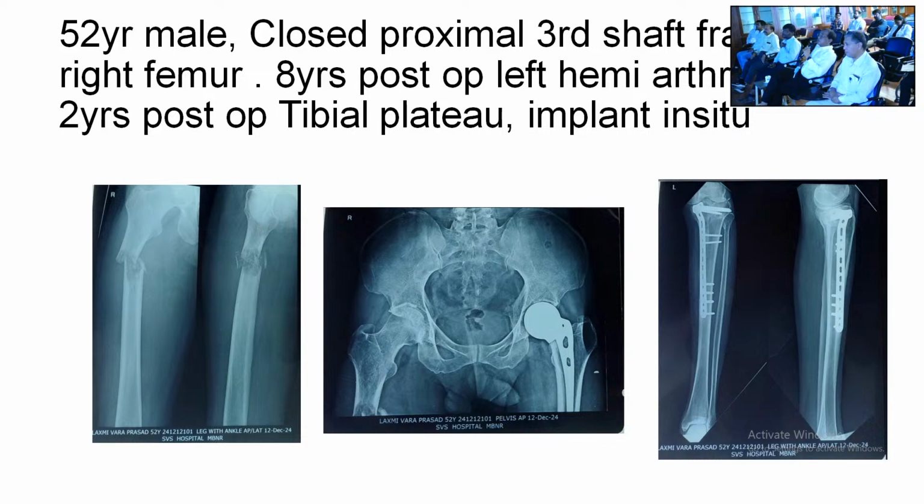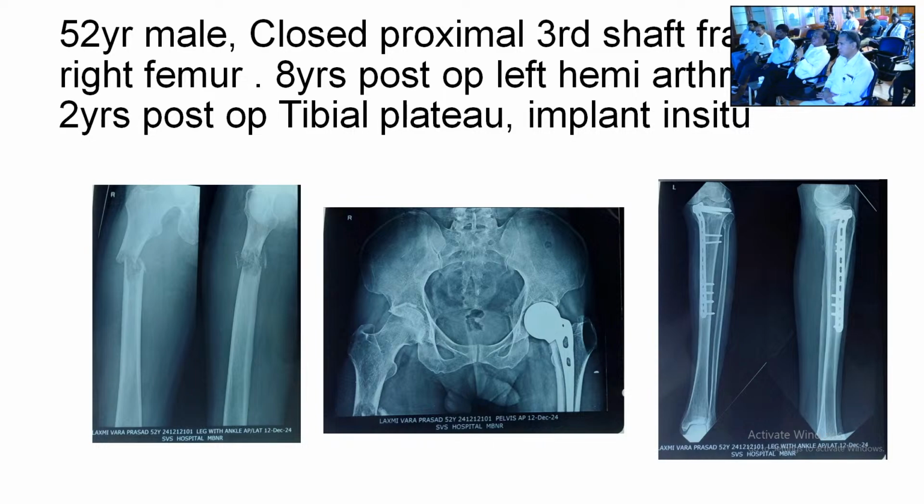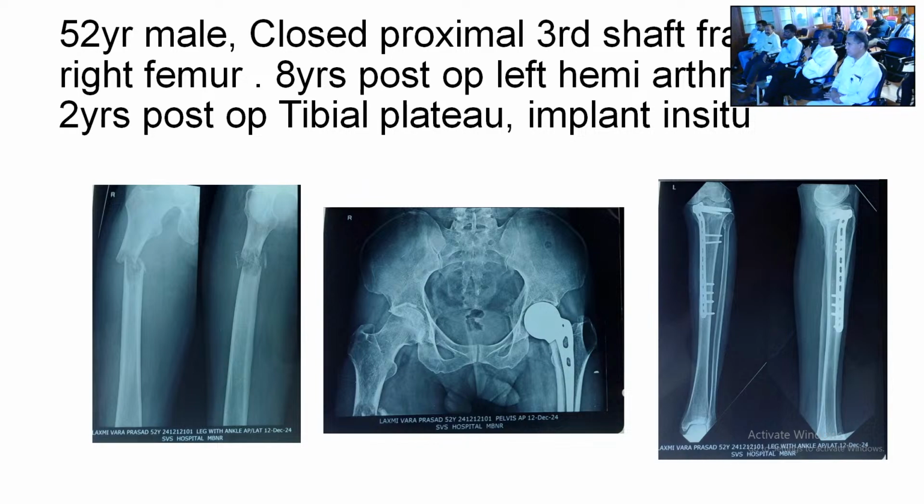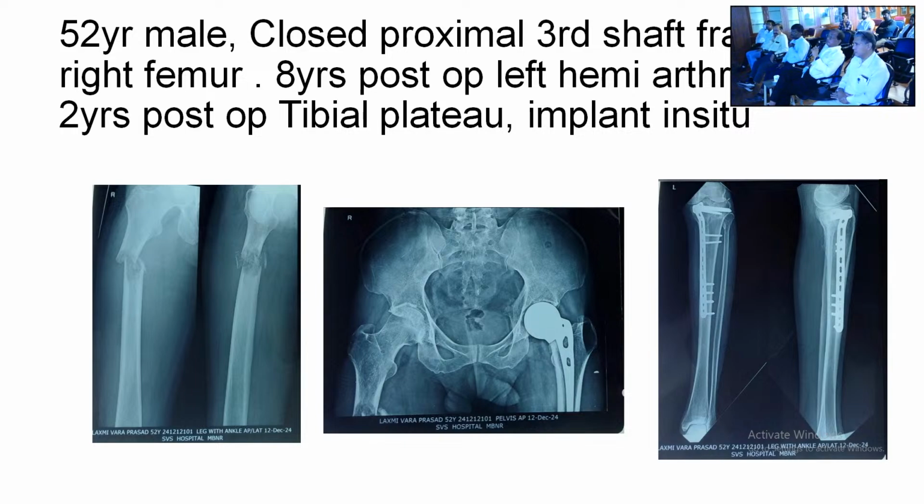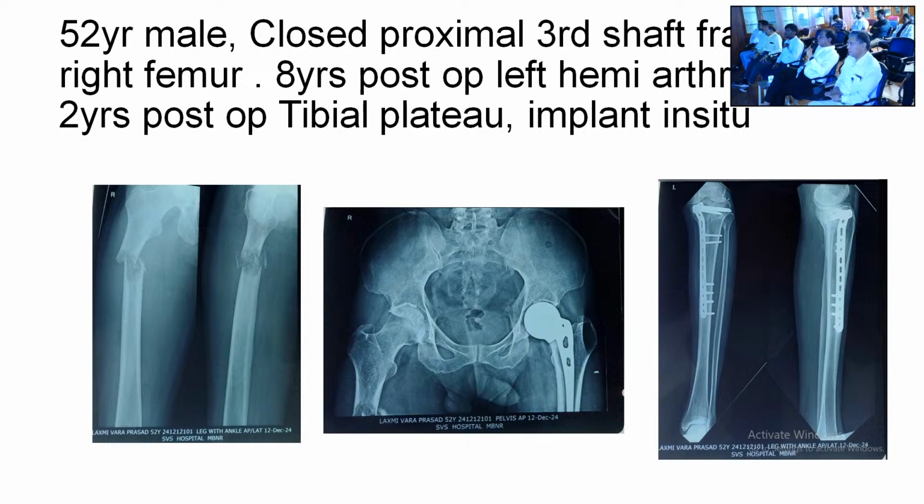So in a tumor, how do you diagnose? Just a biopsy or anything else? You have to know clinical, radiological, and histological findings. Then only you can diagnose, you can grade, and you can plan the treatment. Okay? What was done?